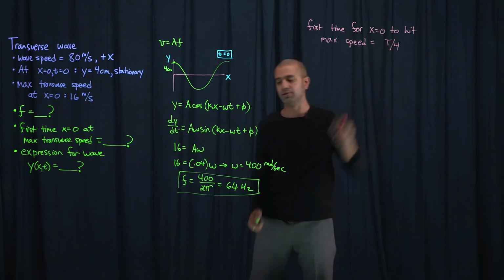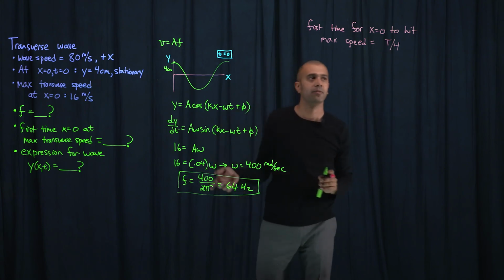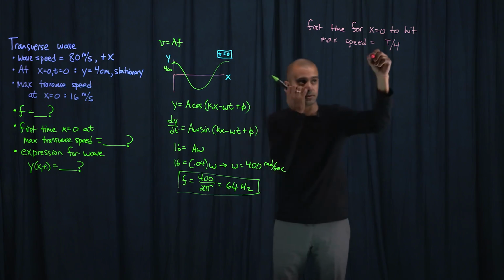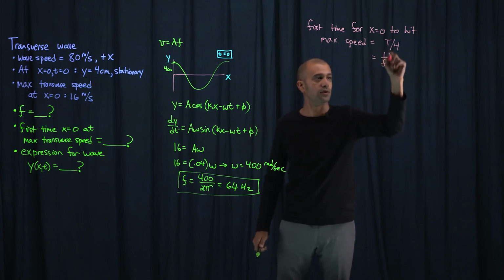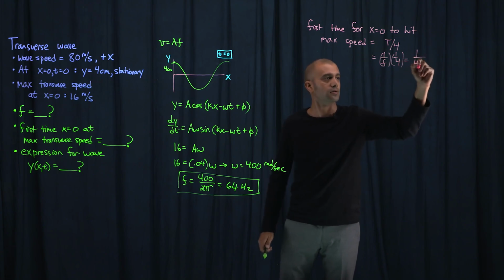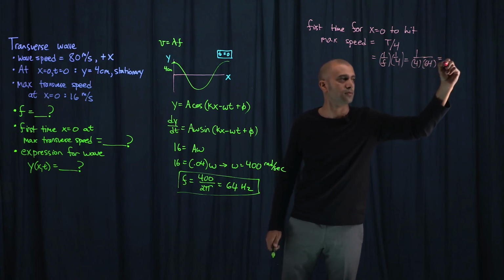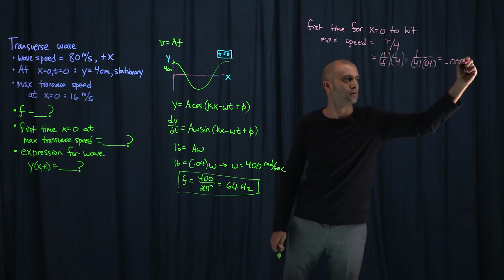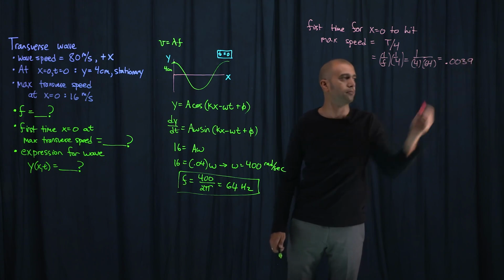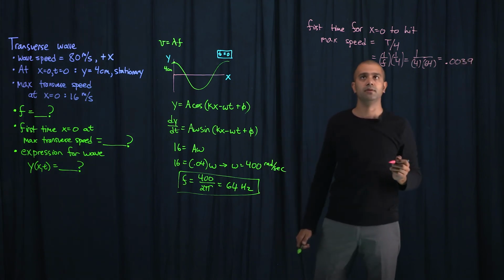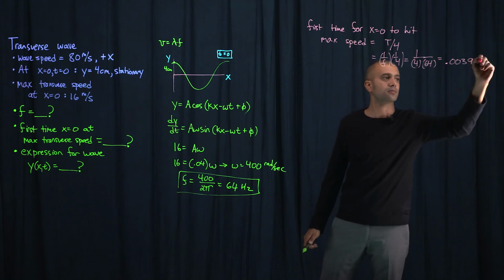And the reason that's useful is because we have the frequency, and the period is just 1 over the frequency. So this is just going to be 1 over the frequency times 1/4, which is, given a frequency of 64 hertz, plugging that in should give you about 0.0039, and the units is seconds.